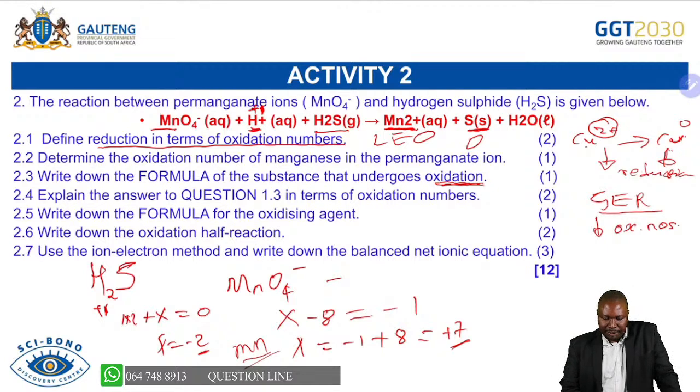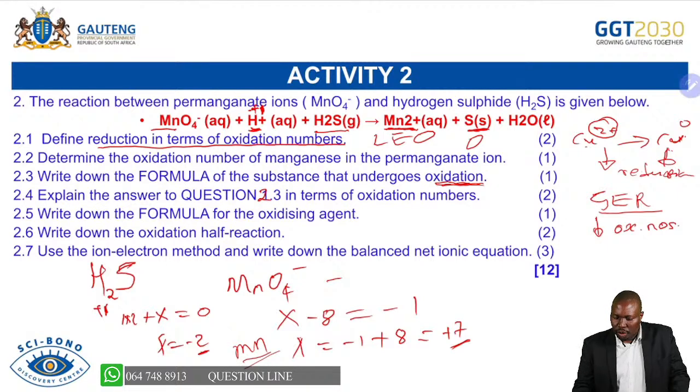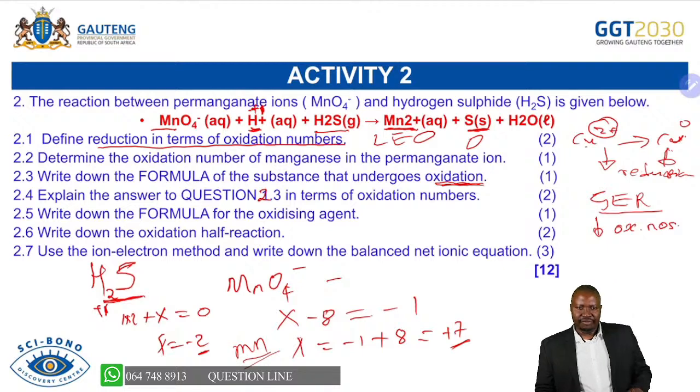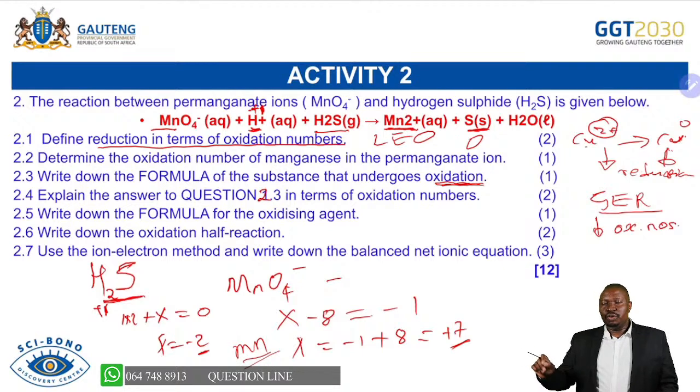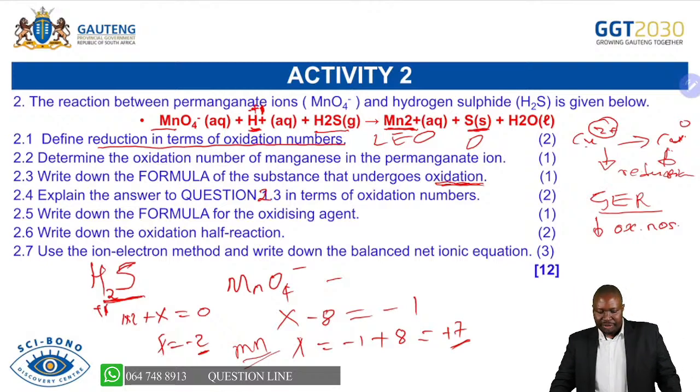The question says explain the answer in the previous question, that is, the answer in 2.3, in terms of oxidation. So you will say that in terms of oxidation, H2S is undergoing loss of electrons. Sulfur is undergoing loss of electrons, which is oxidation. Then this will explain nicely for this equation.